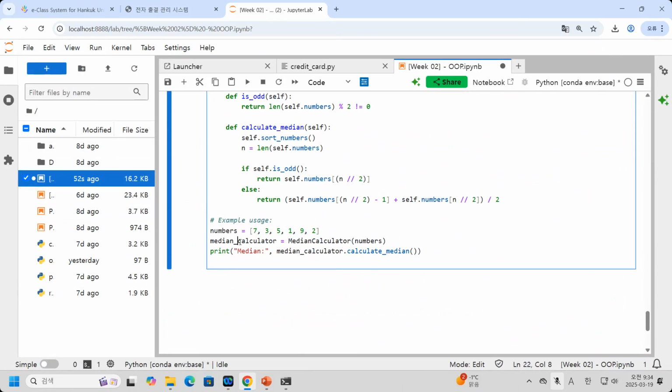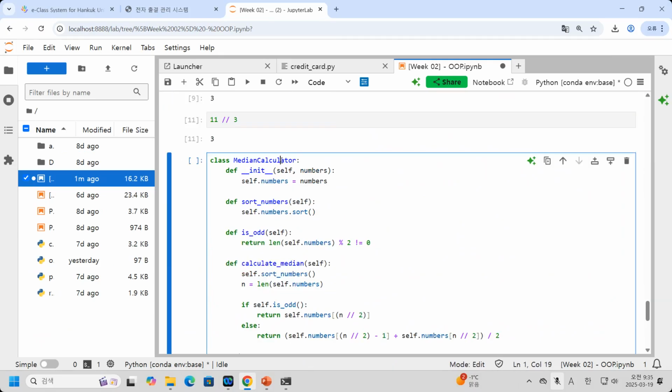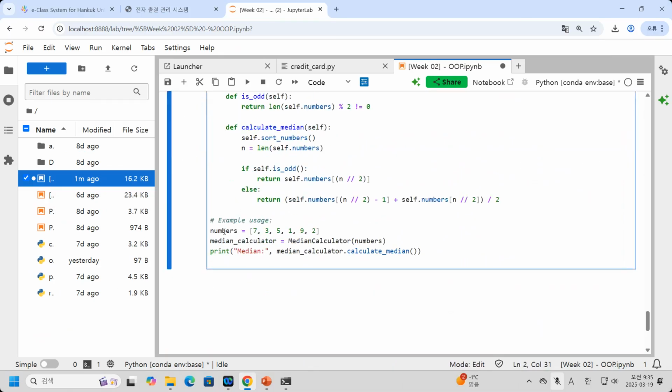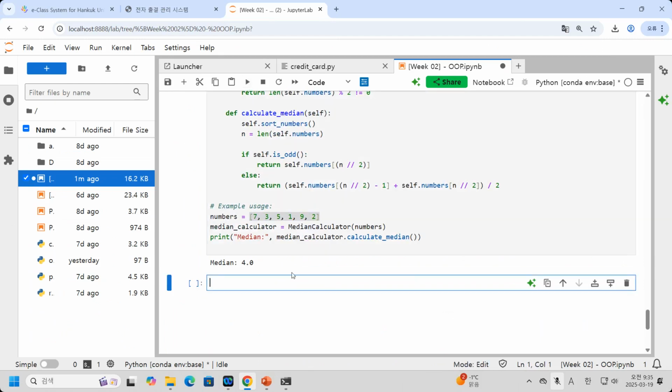Then I will make a new object, median calculator. Median calculator is the class name, and then I put numbers, the numbers that I already defined as a list. Then I can see the median is 4.